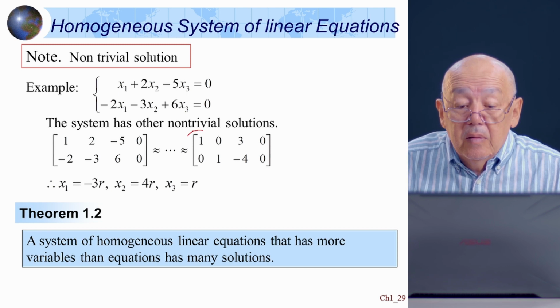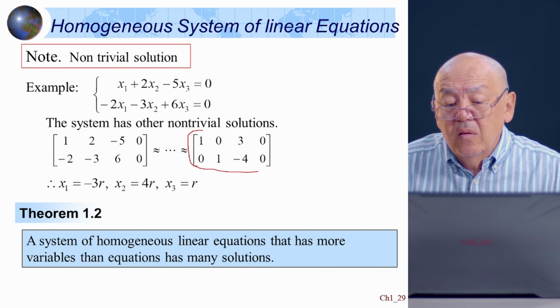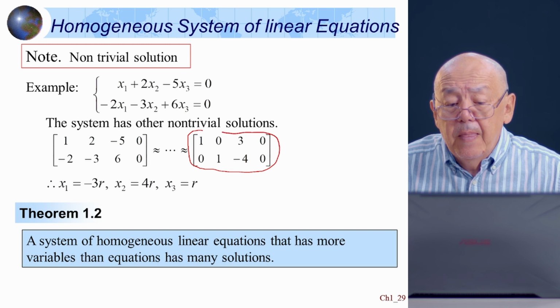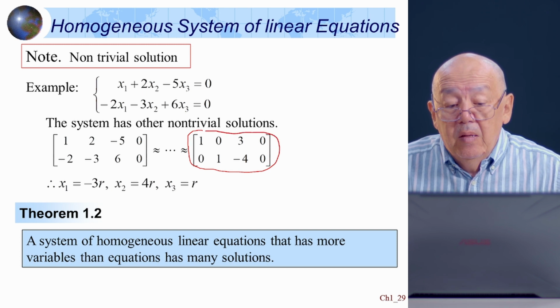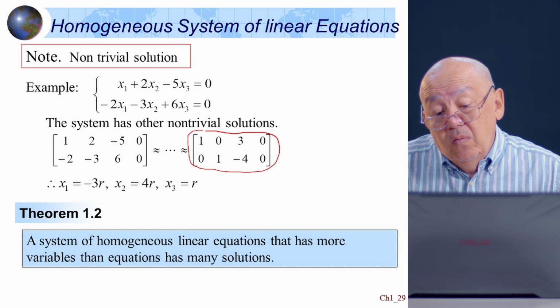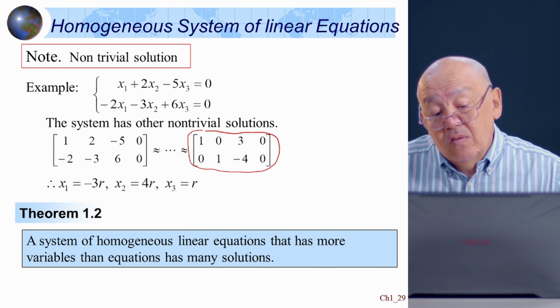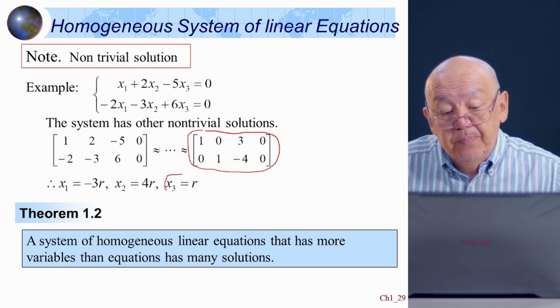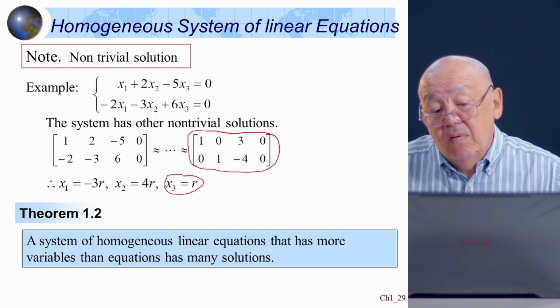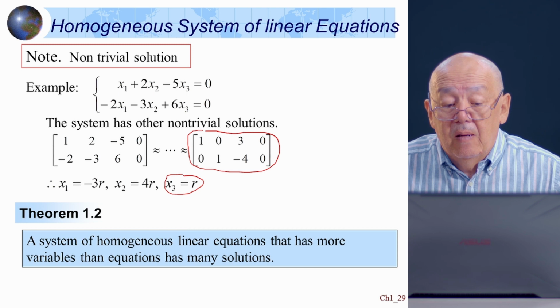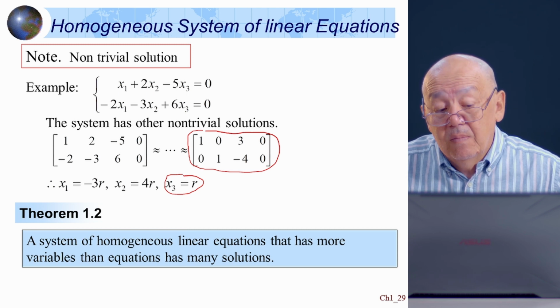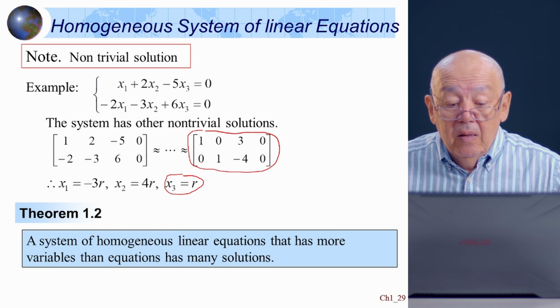This is REF. I think that you know how to get this REF. Easy. And now we can write solution. x3 is free, so we write this and express other basic variables x1, x2 by this r. x1 is minus 3r, x2 is 4r.